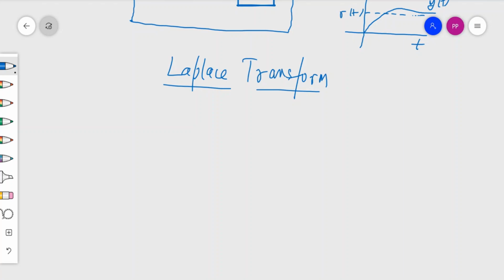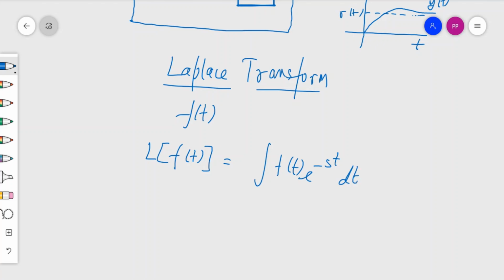For linear operation of the system, let f(t) be the time domain function. Then its Laplace transform can be represented as the integral of f(t) times e to the power minus st dt, starting from 0 and going up to infinity.